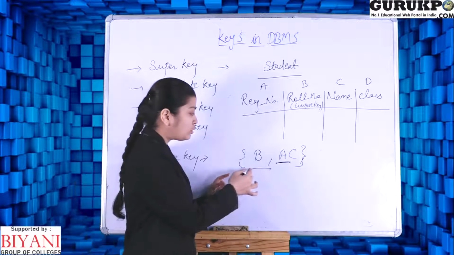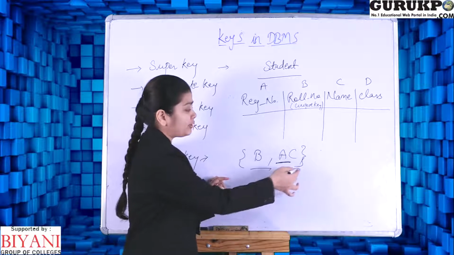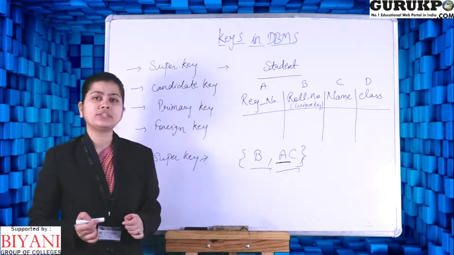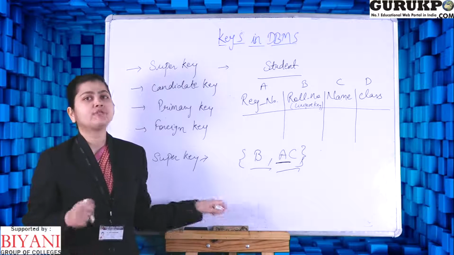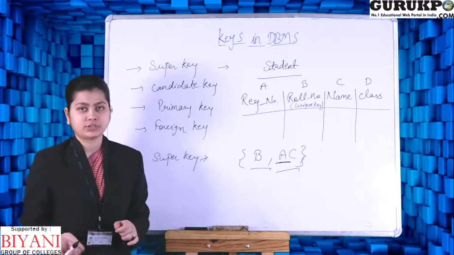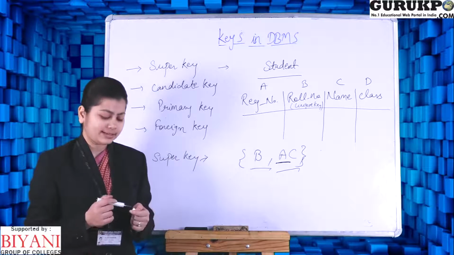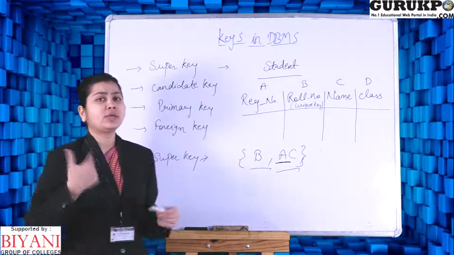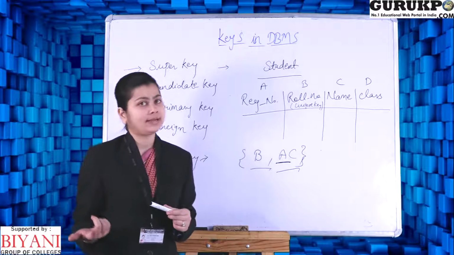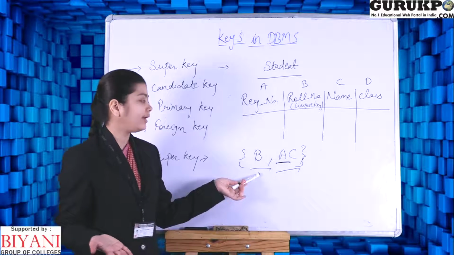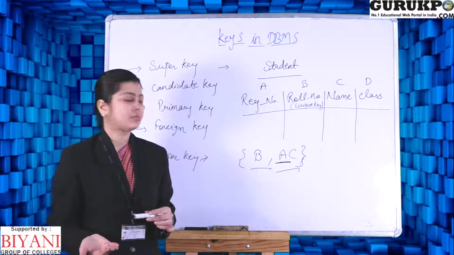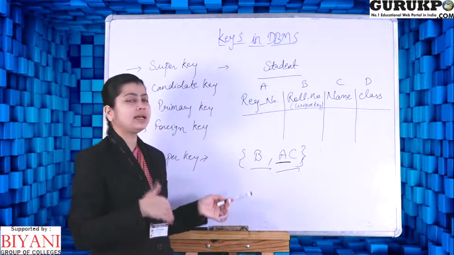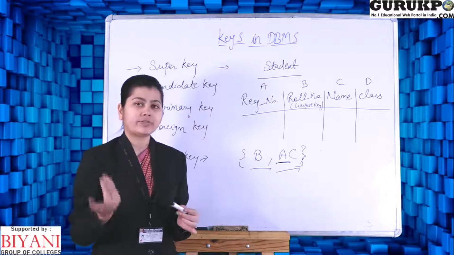By using B only, and by using the combination AC, we can uniquely identify each and every record of a table. So candidate key is a minimal super key with no redundancy or repetition of the attributes.